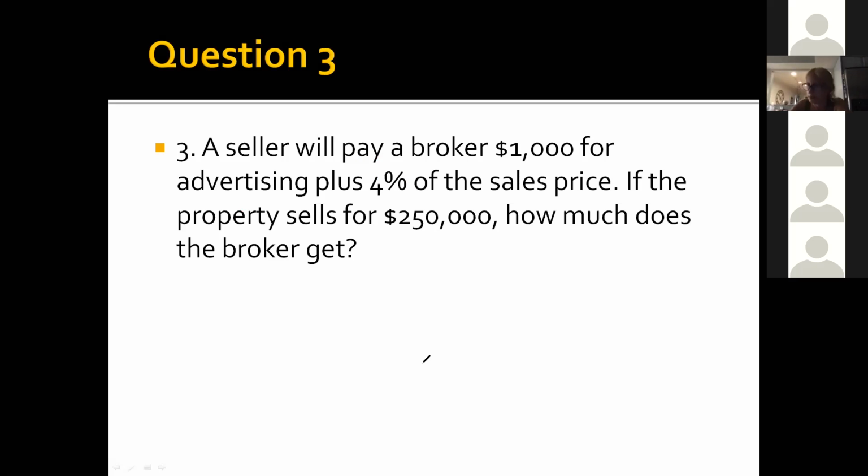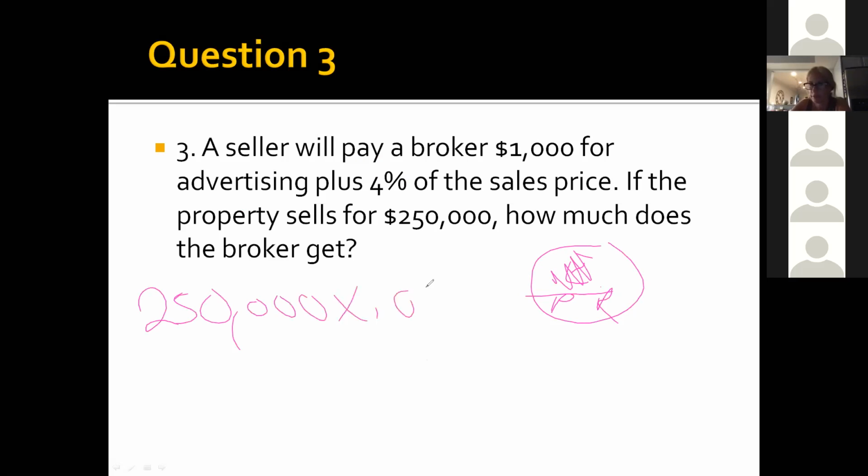So we're going to see the same thing, earnings, price times rate, and we cover up the earnings, so it's 250,000 times 0.04, that gives us 10,000, and then we're going to recover the $1,000 we spent on advertising. So the broker is going to get $11,000.